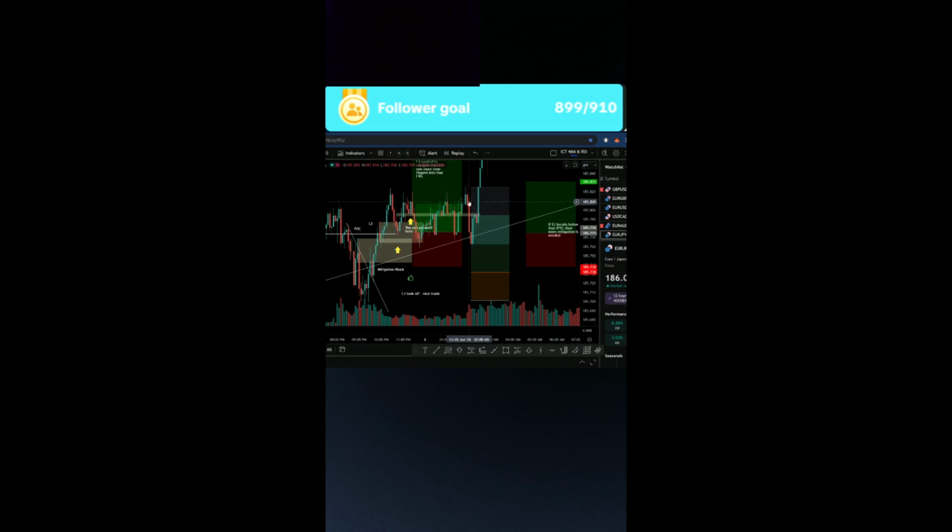So just because price comes back to your entry point and closes below it, that's not a reason to get out. You're wanting to see several things, and those things are this low right here invalidated. That's what you're looking for. You're looking for this low to be invalidated.